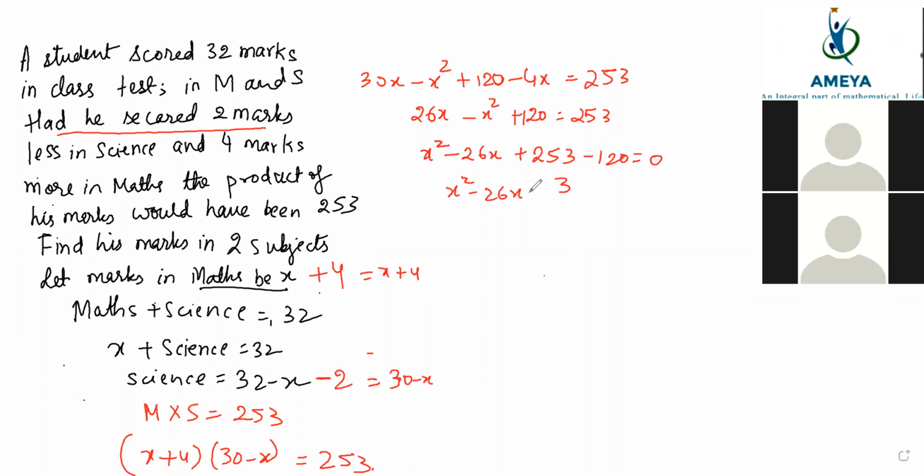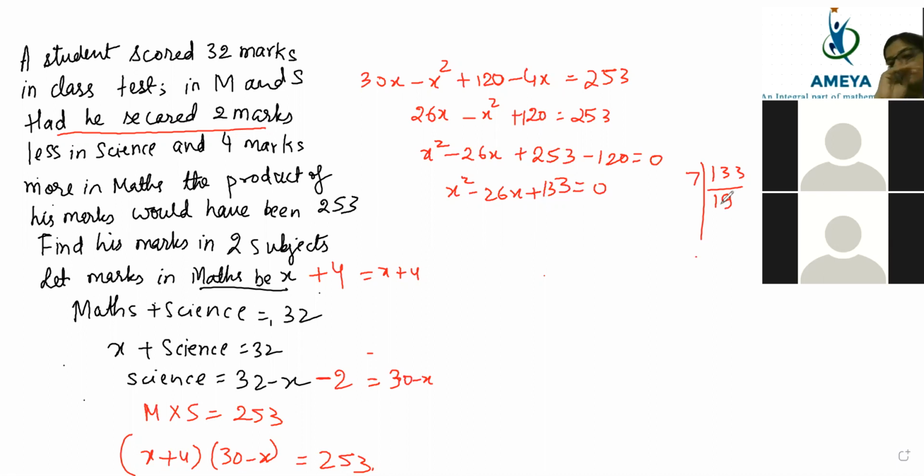133 will come. So 133, 7 table, 100%. 19 into 7.